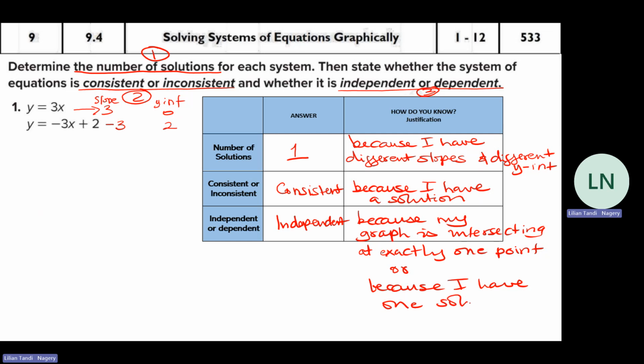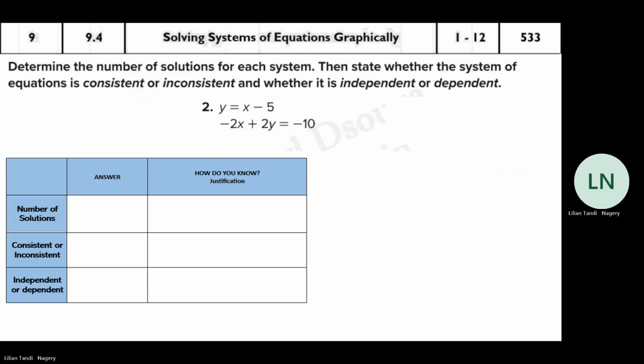Both answers are correct. Both justifications are correct. You should always know why you're writing what you're writing. Always justify your work.